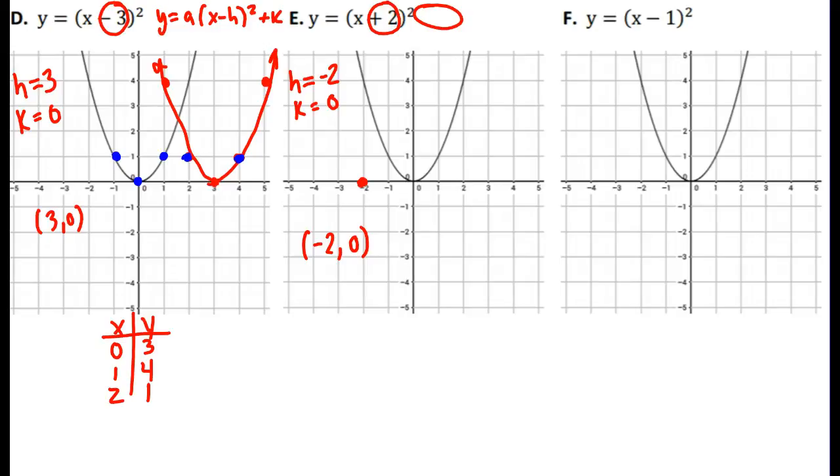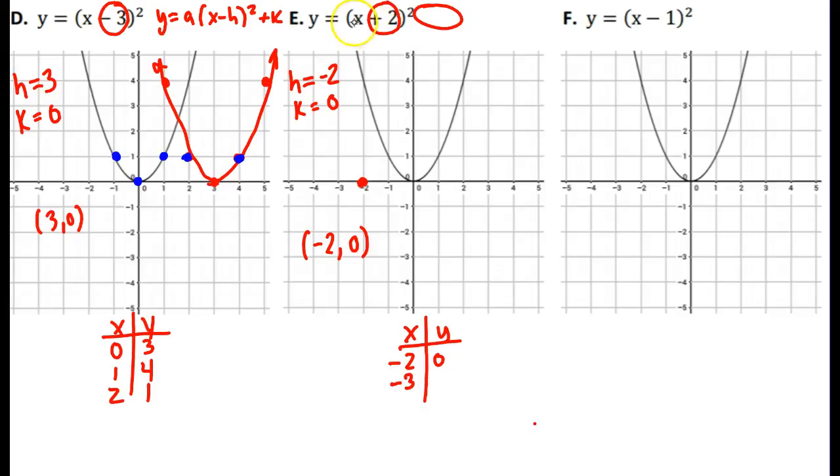So if I pick values for x and for y, I'm actually going to start this time with my vertex at -2, 0. And then I'm going to pick points that are to the left, so 2 points to the left or 2 points to the right. So I'll go 2 points to the left, so that's -3.